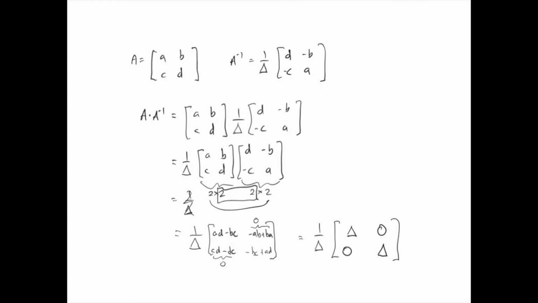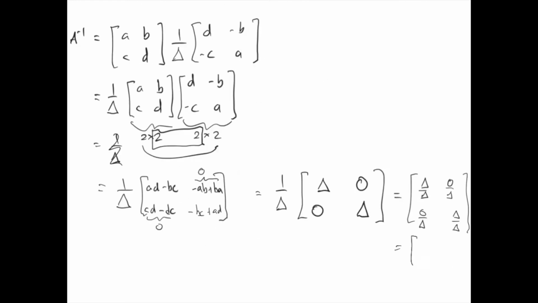And then finally, when you do scalar multiplication, you multiply every single entry by that scalar. In this case, we're dividing by delta, and so this becomes delta over delta, 0 over delta, which is 0, 0 over delta, and delta over delta.